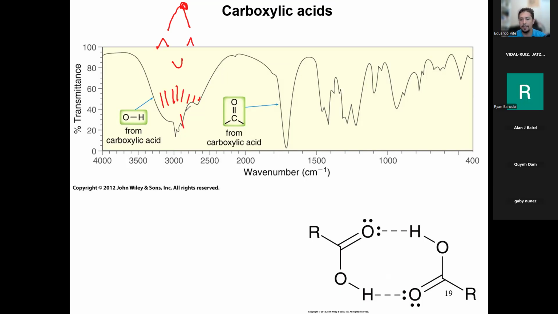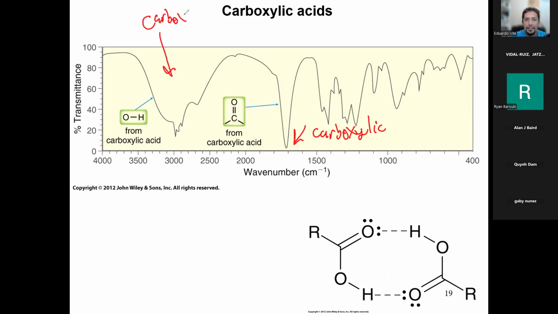Very characteristic, right? But you have to be able to know what an OH looks like and what a carbonyl looks like. It's both of them. A common mistake people make is saying, oh, this is a carboxylic acid. Wrong. This is a carbonyl. That's it. You don't know what kind of carbonyl. Or they'll look at this and say, oh, this is a carboxylic acid. Wrong. This is an OH only.